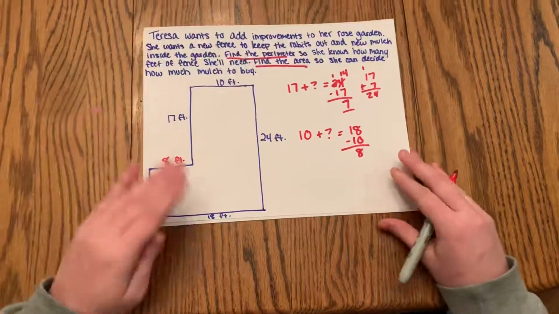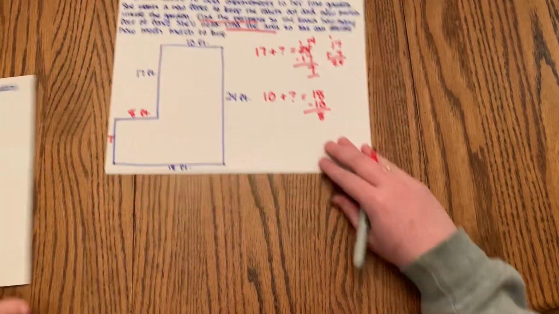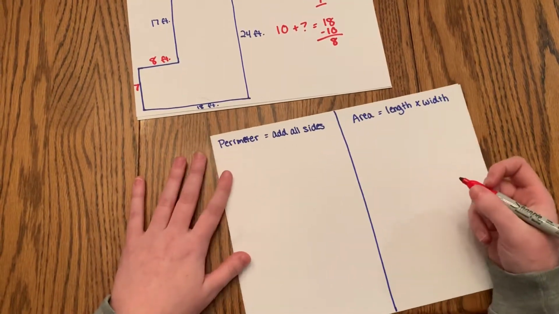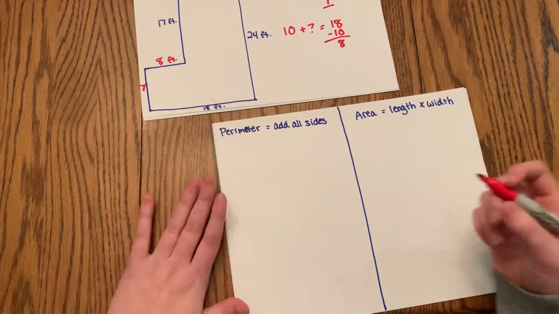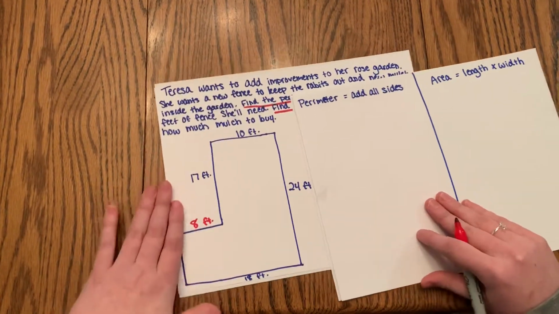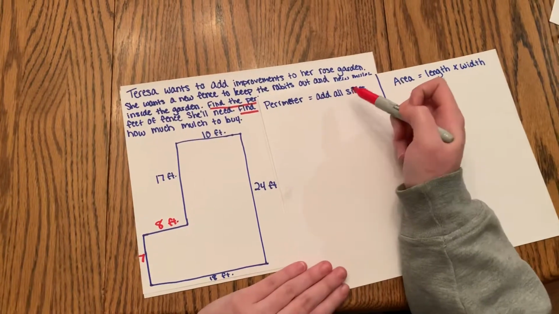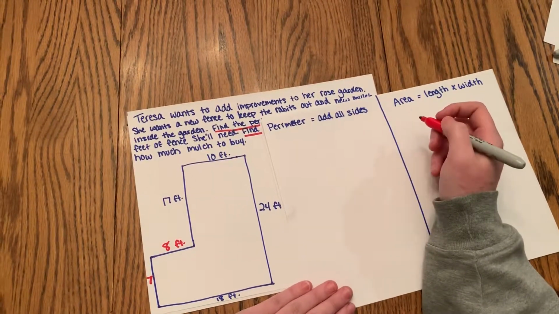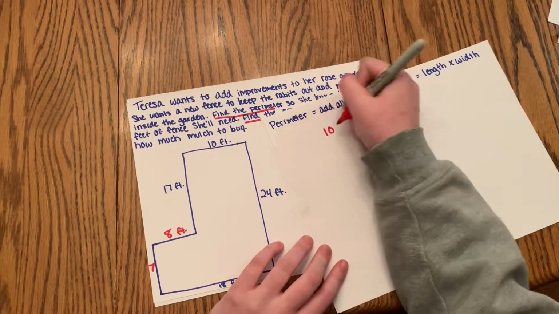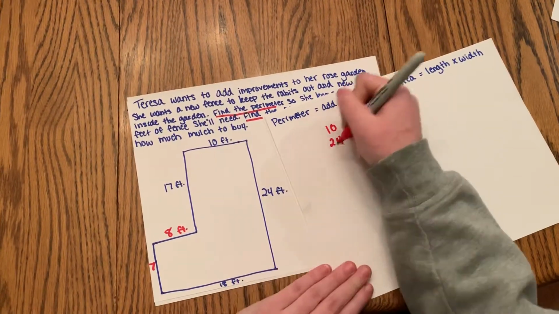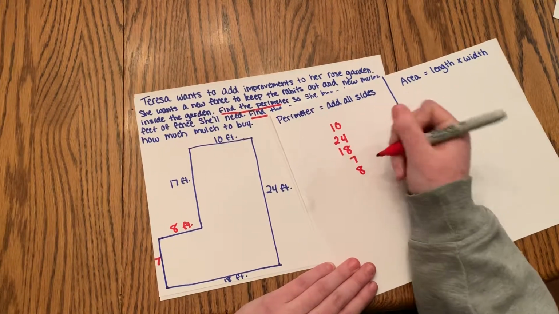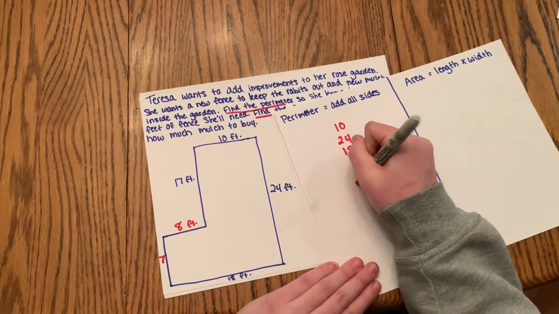Now that we know our unknown numbers, we can go ahead and find both the perimeter and the area of our irregular shape. The perimeter, if we remember, means that we add up all of the sides. So we're going to do that. We have 10, 24, 18, 7, 8, 17.